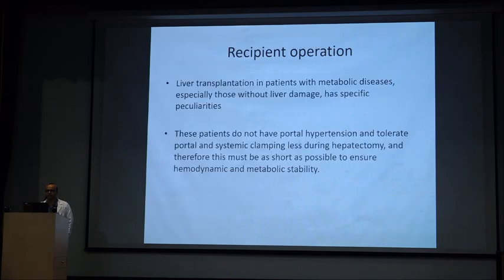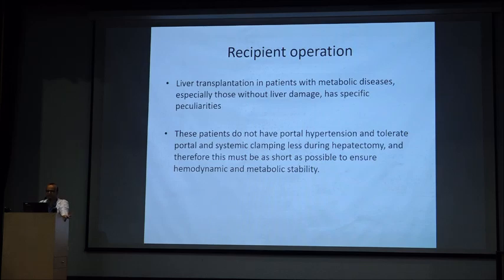So coming to the truly surgical perspective about the recipient operation, liver transplantation in patients with metabolic disease, especially in which the liver is essentially structurally normal, there are specific issues because the liver is not cirrhotic, there is no ascites, the abdominal cavity has almost normal dimensions and there is no portal hypertension particularly.